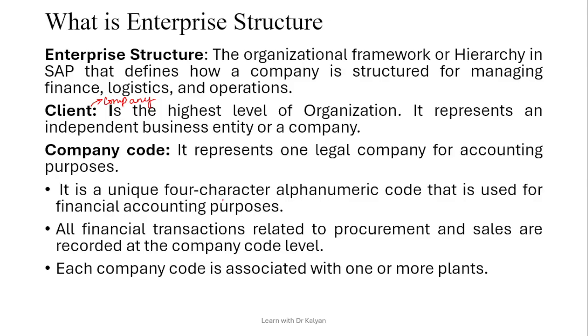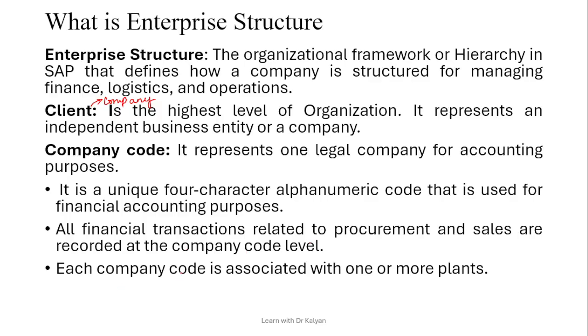Out of those four characters, the first two are alphabets, and the second two are numeric. All the financial transactions related to procurement, meaning buying of raw materials, and the selling of finished goods into the market, are recorded at the company code level.